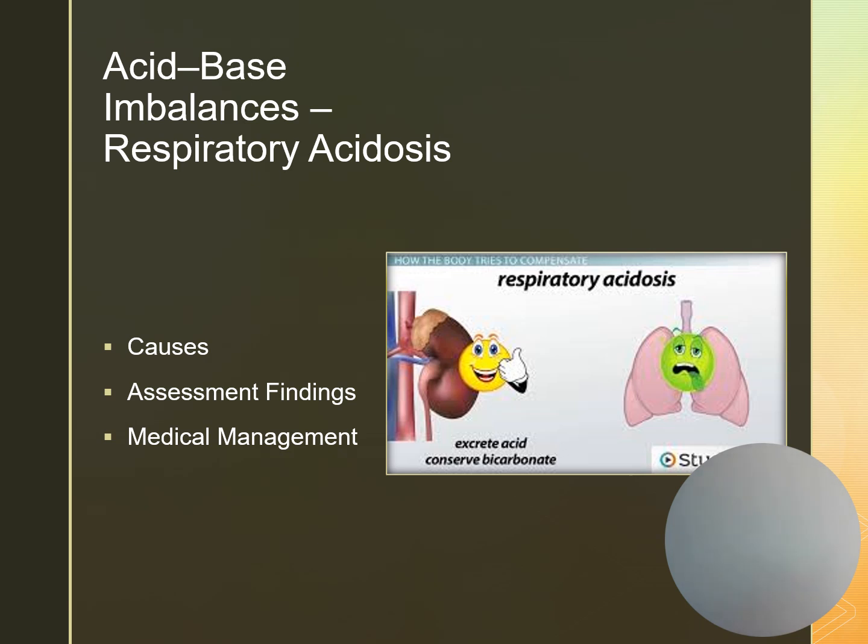Chronic respiratory acidosis can include obstructive pulmonary diseases, chronic obstructive pulmonary disease, COPD, because we know the body cannot get rid of the carbon dioxide. It begins to build up in the body. These clients are going to experience tachycardia, cyanosis, tremors.